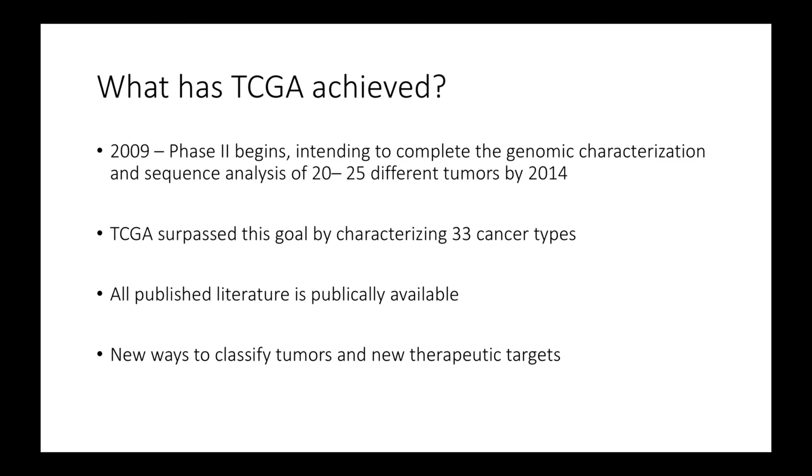All of the published literature is publicly available and has aided the efforts of researchers in independent teams to increase the general knowledge about cancer and its genome. It has allowed us to develop new ways to classify tumors and developed new therapeutic targets so that we can treat patients better.